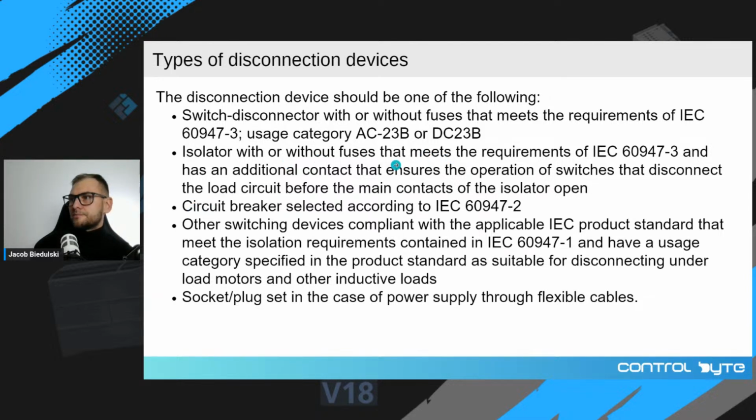But this isolator should be equipped with an additional contact that switches off the load before the main contacts of the isolator are opened, because the isolator cannot break huge currents. So you have to break the current, for example, with a circuit breaker or a contactor, and then you can switch off the isolator.